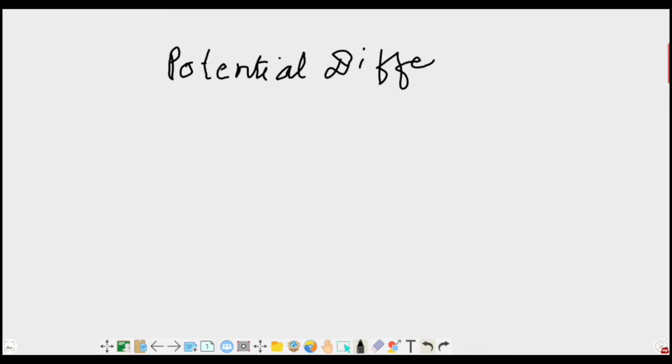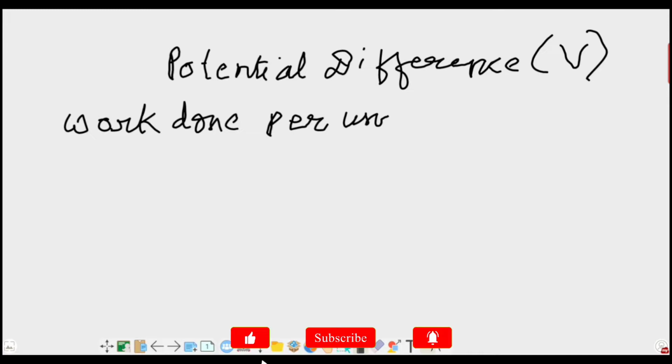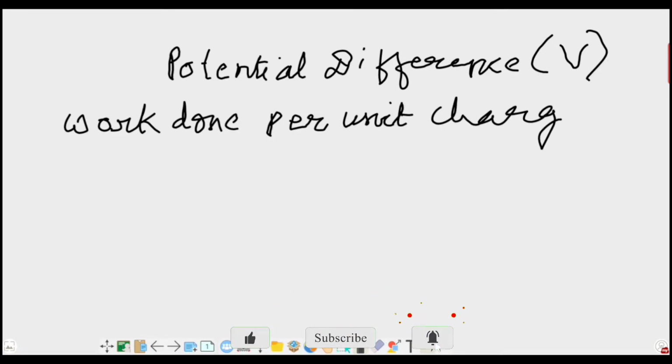The next quantity which we'll discuss is potential difference. Potential difference is indicated by capital V. What is it? It is the work done per unit charge in carrying a positive test charge from one point to another.